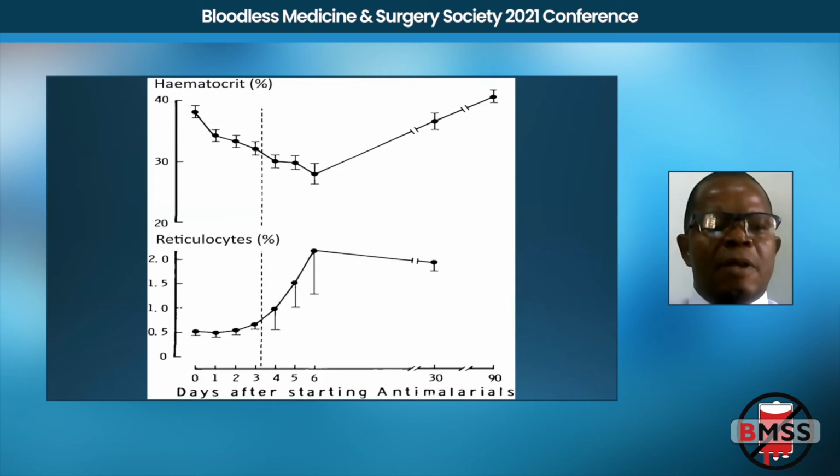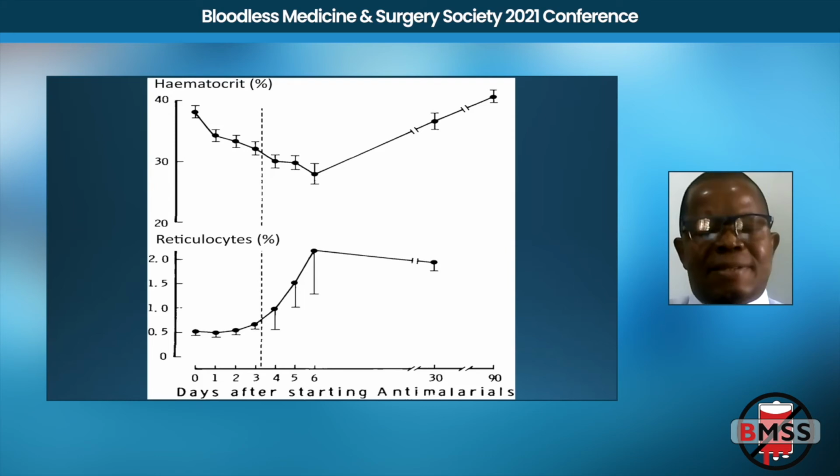One of the things that we saw in malaria patients is how the hematocrit begins to drop and continues to drop in spite of treatment. If you look at the number of days treatment was started, and you look at the reticulocyte count, it begins to drop and then begins to increase gradually as treatment goes on, because at that rate, hemolysis is taking place.